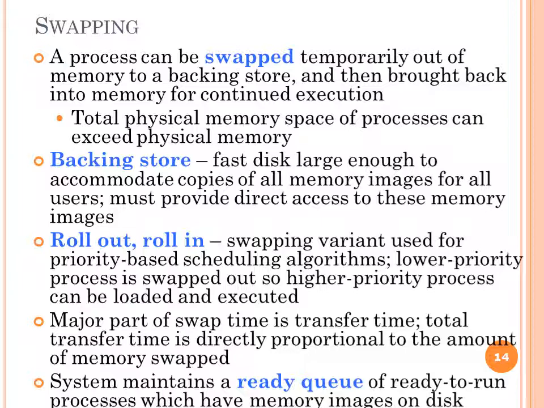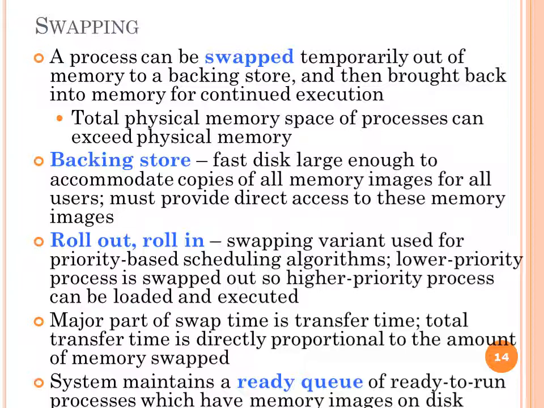When each process finishes its quantum, it will be swapped with another process. Here, the quantum must be large enough to allow reasonable amounts of computing to be done between the swaps. Normally, a process that is swapped out will be swapped back into the same memory space it occupied previously.